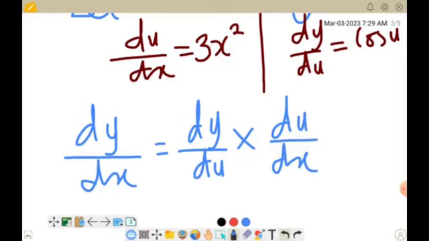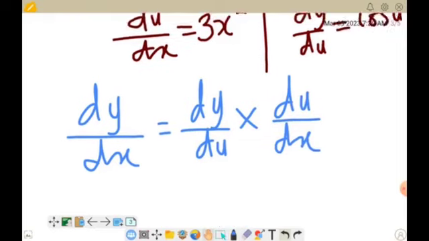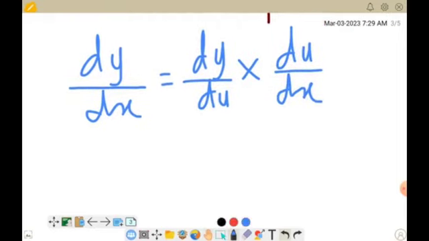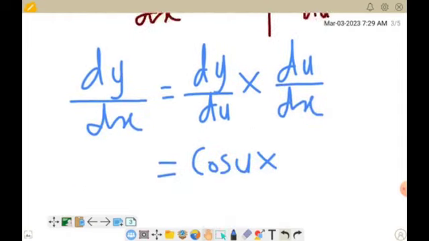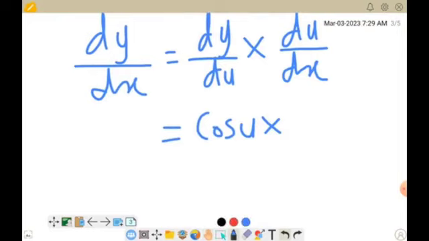Okay, we know what the dy/du is. The dy/du is cos u, so we write cos u, multiplied by the du/dx, which is 3x cubed. Sorry, 3x squared. So we write 3x squared. So I like us to bring this forward and this to the back.